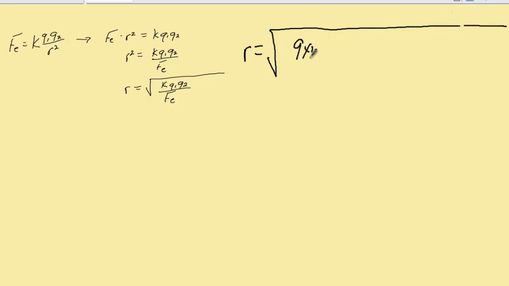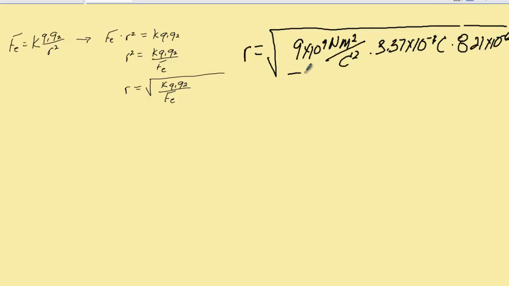K is 9 times 10 to the 9th newton meter squared per coulomb squared, times our first charge, 3.37 times 10 to the negative 6 coulombs, multiplied by 8.21 times 10 to the negative 6, and dividing all of this by the electrical force, which is 0.0626 newtons.